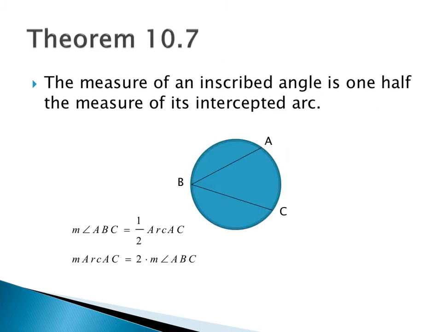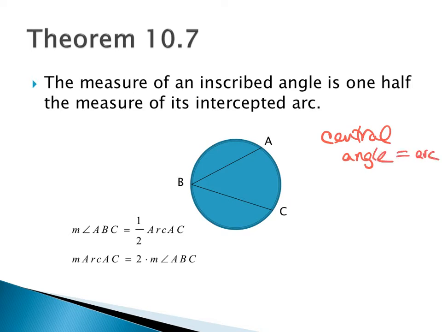The next slide has a theorem that describes how to find the measure of either the inscribed angle or its intercepted arc. The measure of the inscribed angle is 1/2 the measure of its intercepted arc. I will show you what this means. If you recall, the central angle equaled the arc measure.